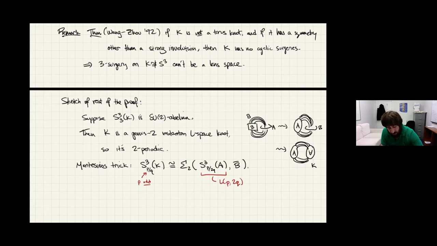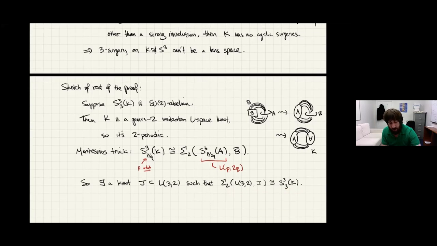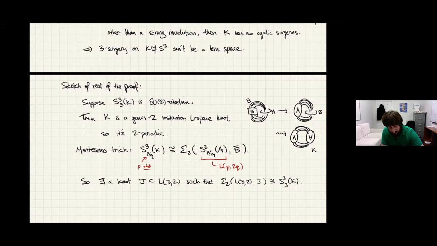Okay, so there's a knot J sitting inside, in this case, L(3,2), such that its branch double cover is just diffeomorphic to 3 surgery on our knot K. In other words, we've taken the surgery on K and used it to find a symmetry of the surgered manifold.